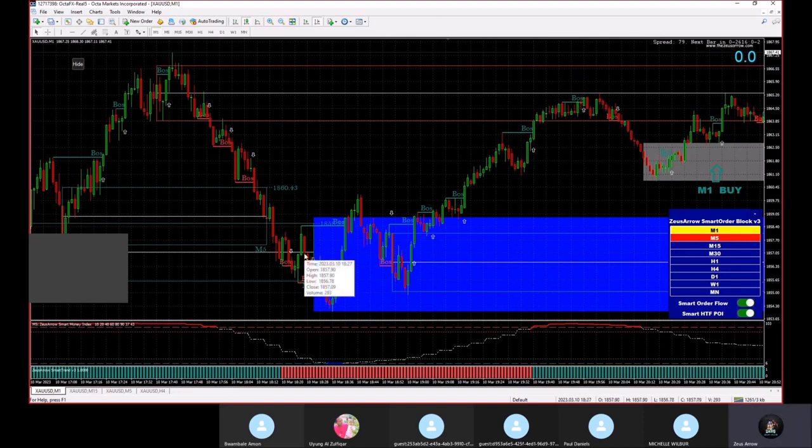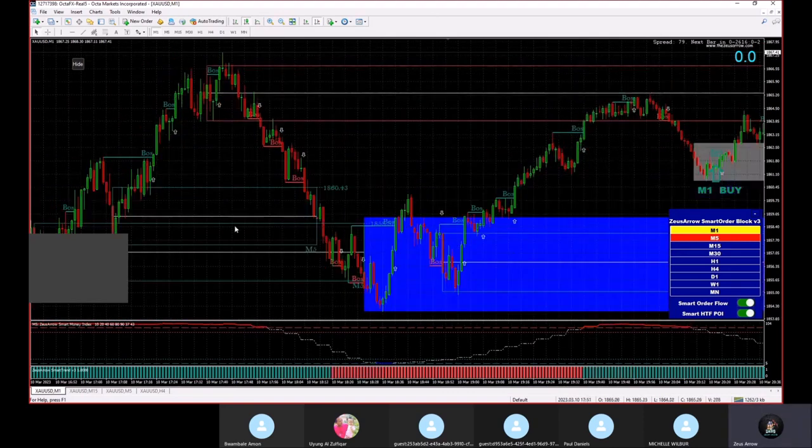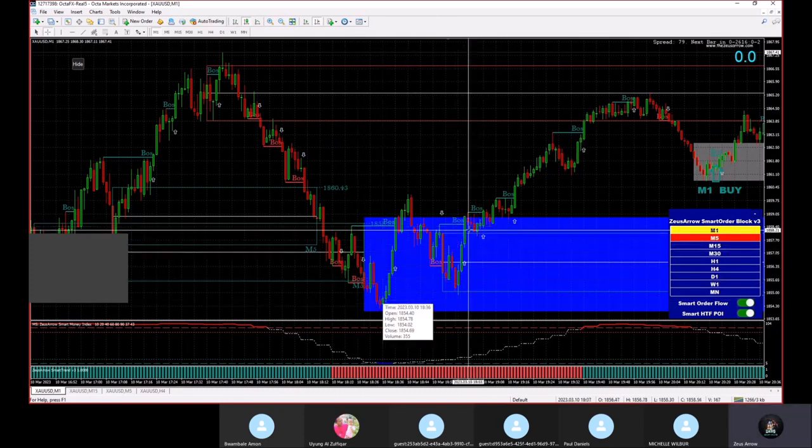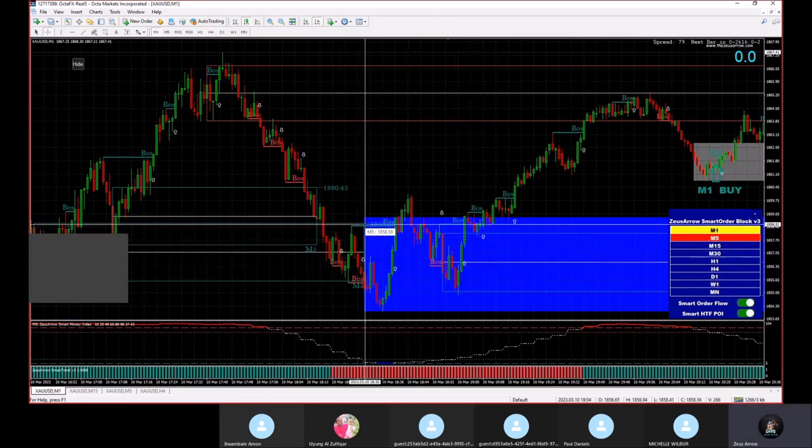We need to make sure that if we are using the 5 minute order block area and a 1 minute confirmation inside that 5 minute order block, then your 1 minute confirmation should be as close to those 5 minutes as possible. We can see here we have the 5 minute zone. Up to these 3 order blocks, it's valid for this order block zone.